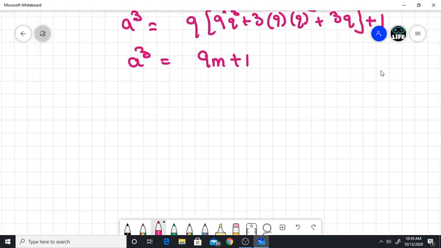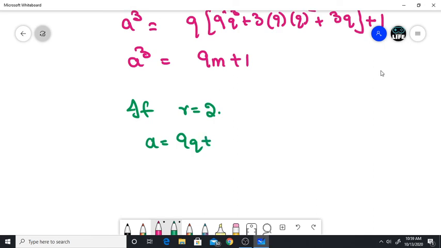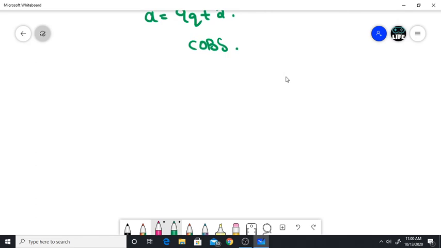Now check if r equals 2. It is not difficult, but it is lengthy. For r equals 2, a equals 9q plus 2. So cubing on both sides. Do not skip the video anywhere. A cube equals 9q plus 2 whole cube.